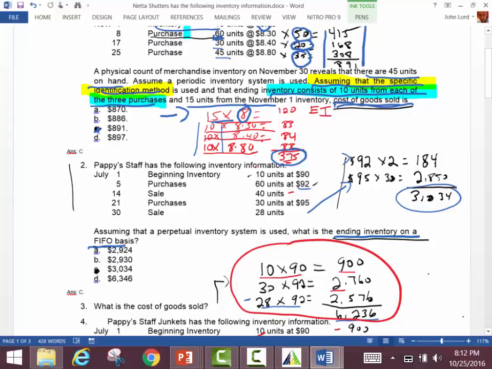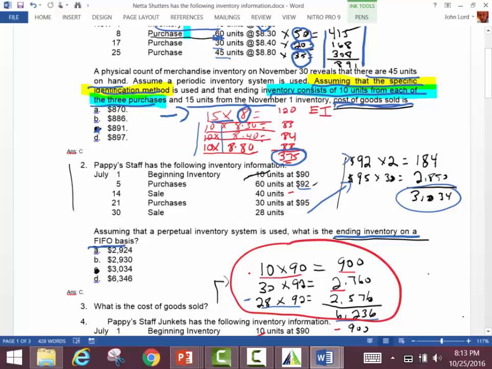But what's going on here? We want to know the ending inventory on a FIFO basis. They have these 10 units in beginning inventory. They have purchases of 60, and then they sell 40, don't they? When they sell those 40, they're going to first sell all of these, aren't they?